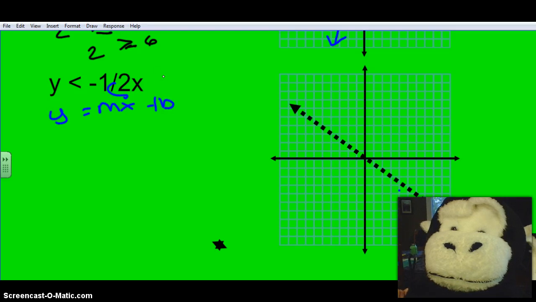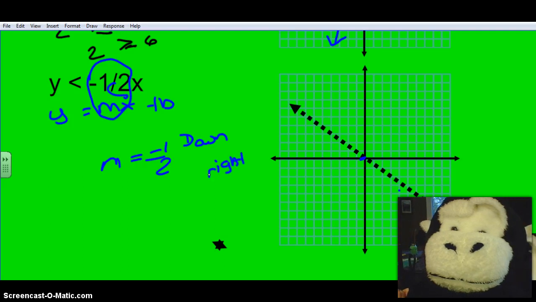Again, there's no b in this situation. Oh, I already have the graph on. So I'm going to put in my 0 here, and then the slope over here is negative 1/2. So again, we have m equals negative 1 over 2. So that tells me to go down 1 and right 2.